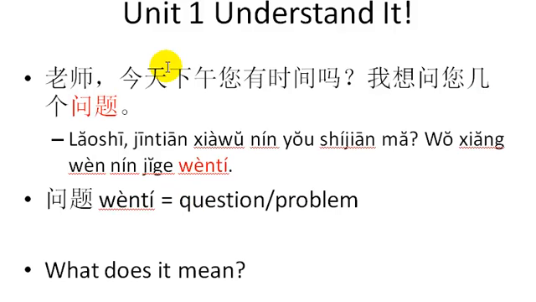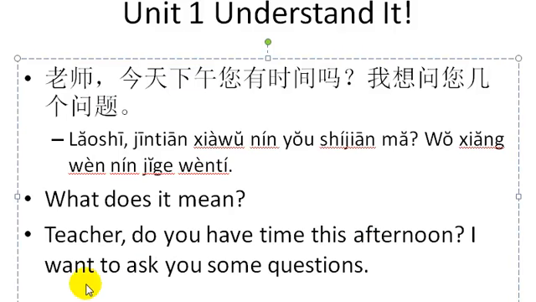So Leo is calling her teacher because 老师，今天下午您有时间吗？我想问您几个问题. All right, so pause and think about how you might translate that sentence real quick. And if you came up with teacher, do you have some time this afternoon?